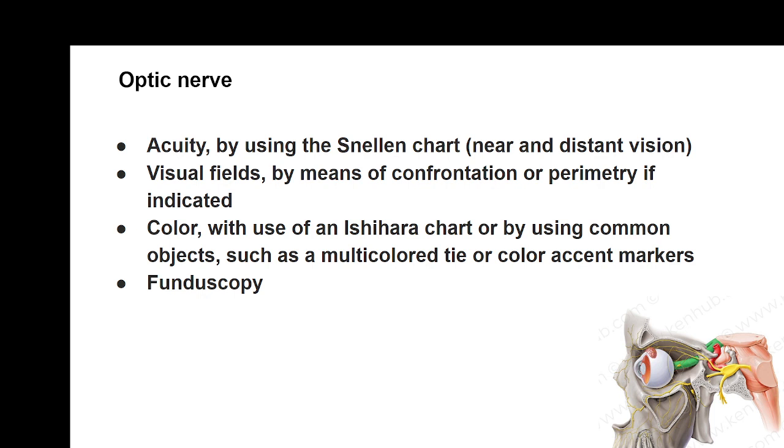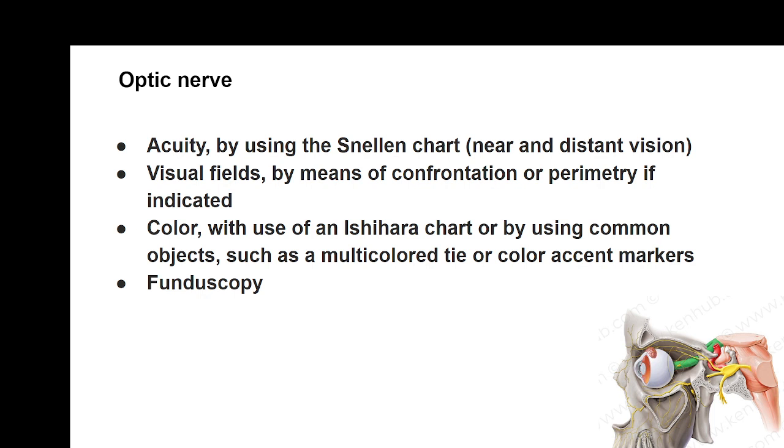This is also possible if a person is illiterate and cannot read, where Snellen's chart would be of no use. In the Snellen's chart, you will have fonts of a defined size, and the standard distance at which a normal person would be able to read is mentioned.